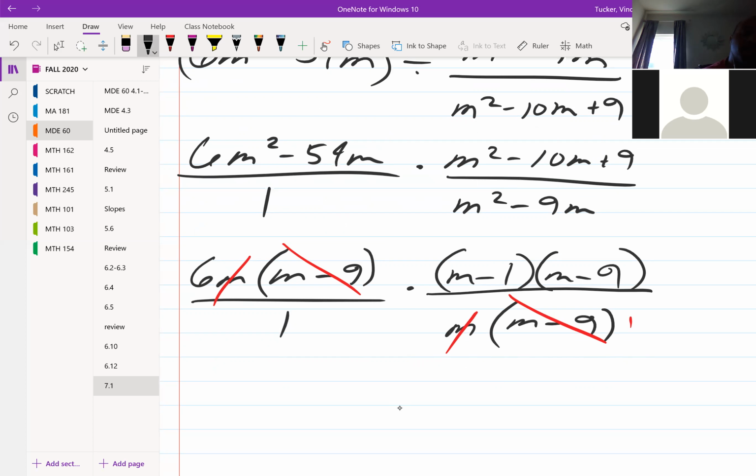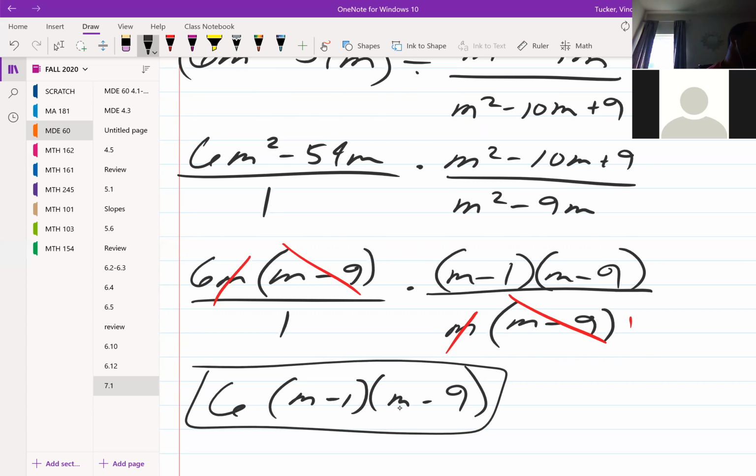So our factorization will be 6 times m minus 1 times m minus 9. All right, questions before we do at least one more.